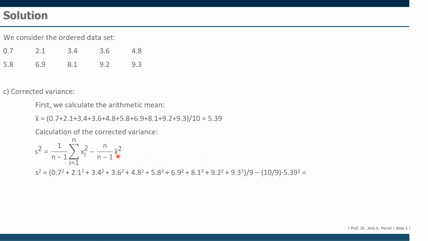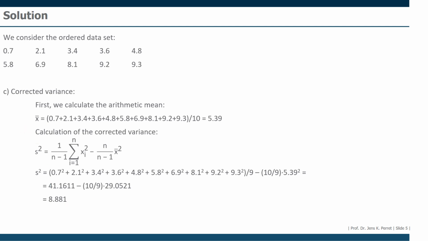Then I'm going to multiply this with the arithmetic mean to the power of 2. That's this part. That's here, arithmetic mean to the power of 2. Going to put all of this in my calculator, getting a result for the variance of 8.881.